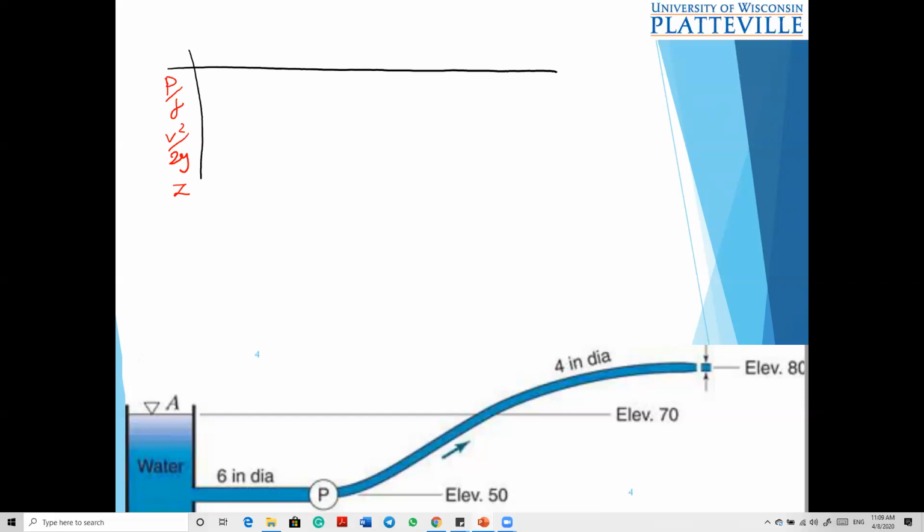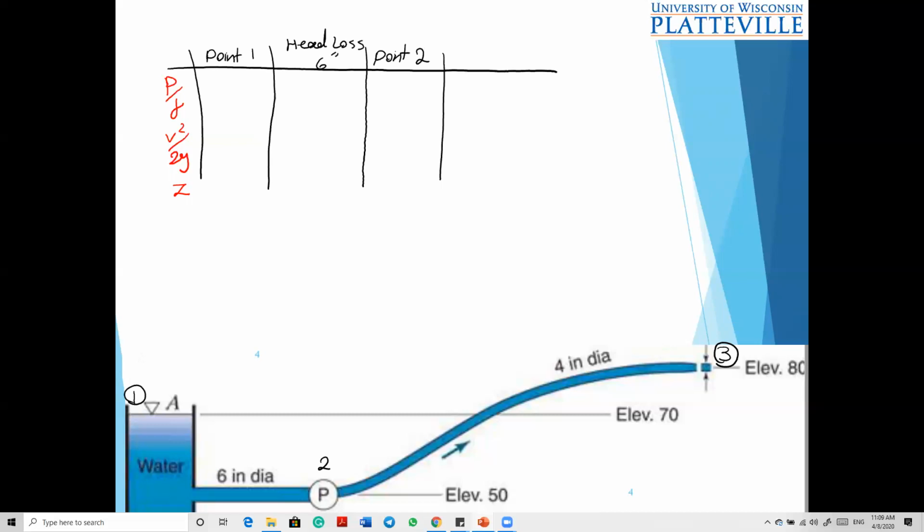So point 1 is here, point 3 is here, and from point 1 to point 2, let's call the pump point 2, we have some head loss in the 6-inch diameter pipe.